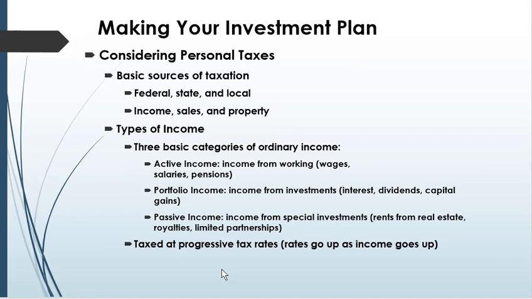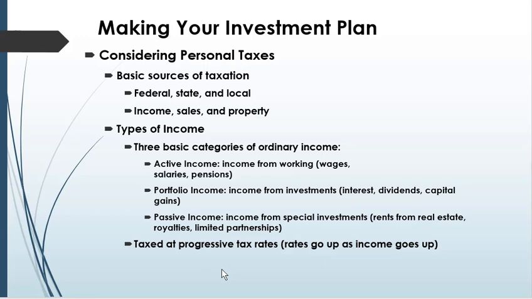So the next step we'll talk about is to discuss personal taxes. Again, not a topic everybody likes to discuss, obviously. But obviously the basic sources are federal, state, and local. There's income taxes, sales taxes, property taxes. There are three basic types of income. What we would refer to as ordinary income, this is active income.